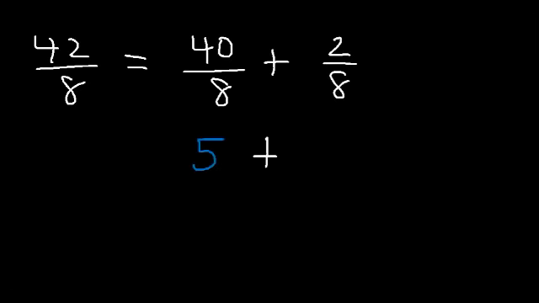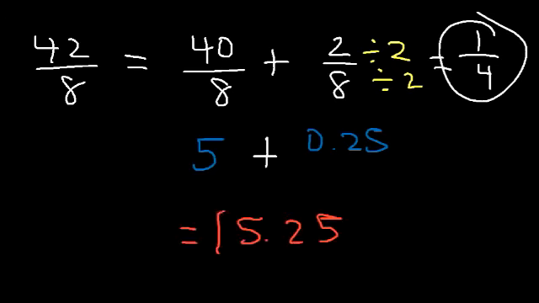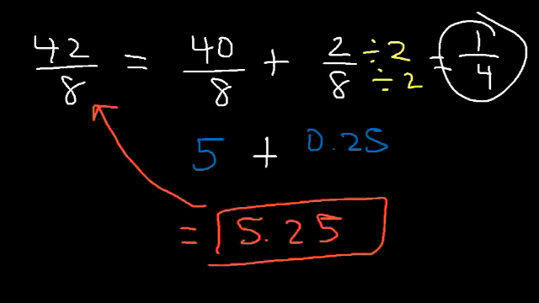Now 2 over 8, we know that to be the same as 1/4. If you divide the top and the bottom by 2, you can reduce the fraction to 1/4. And 1/4 as a decimal, we know it's 0.25. So therefore we add 5 plus 0.25, which is equivalent to 5.25. And so 42 over 8 is 5.25.